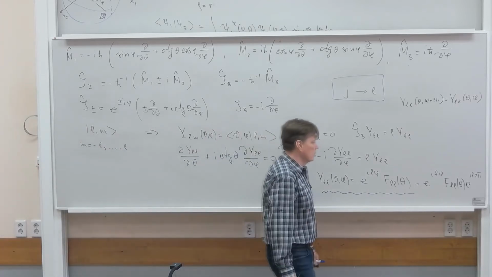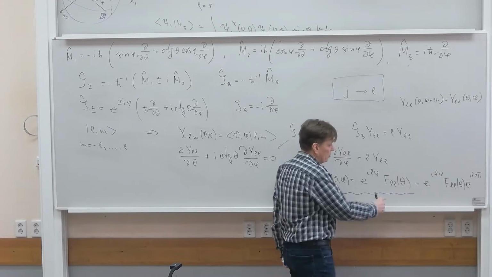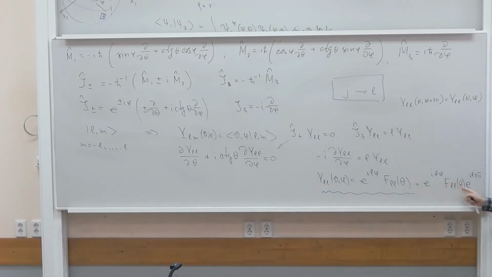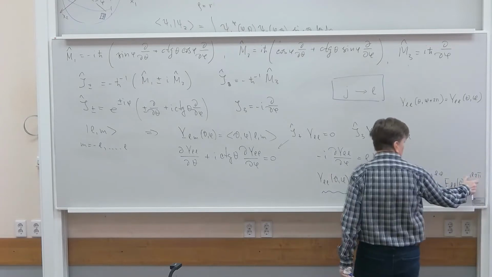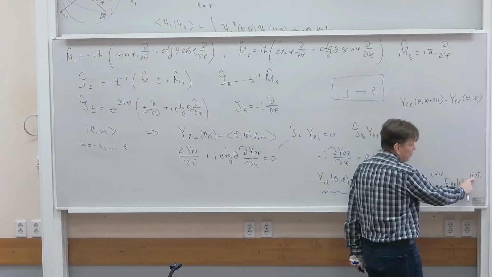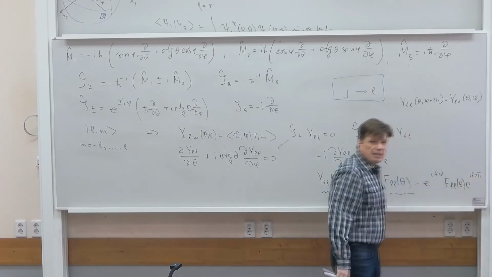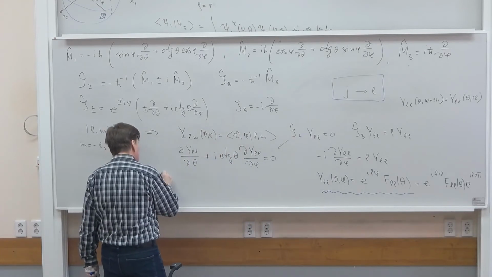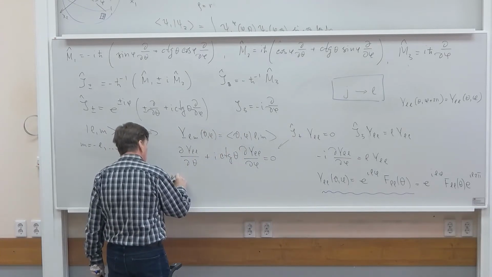So in order for these two expressions to be equal to each other, this exponential factor should actually be equal to 1. And this in turn is only possible when the number L is an integer. So L is an integer.